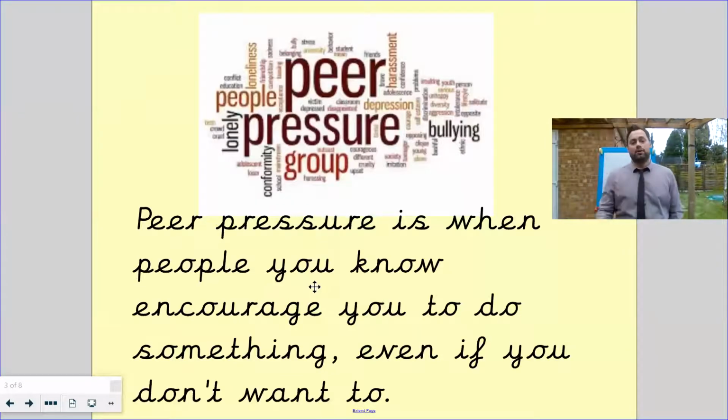It's when people you know encourage you to do something even if you don't want to do it. It can also be that you're influenced by other people. So it works two ways. You have negative peer pressure, and then we have positive peer pressure. This definition covers both. We're going to look at both types of peer pressure today.